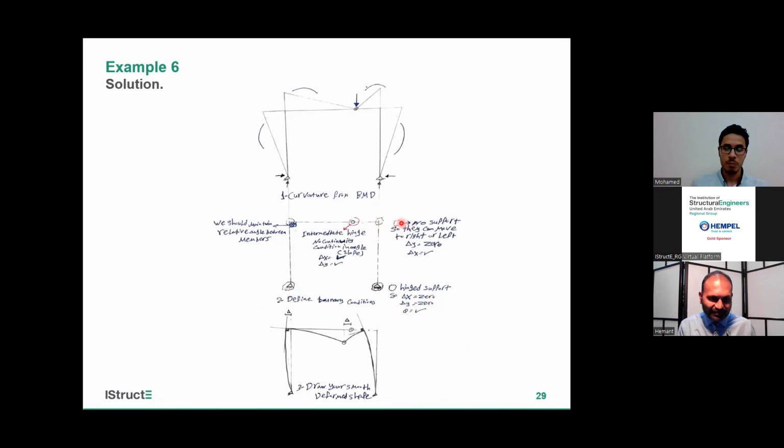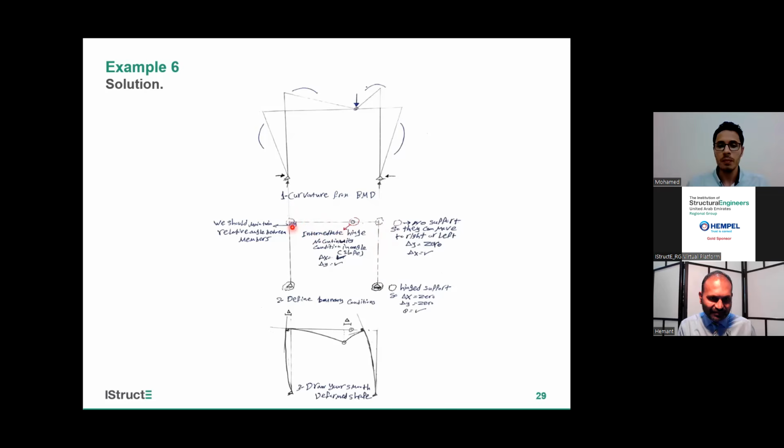But remember here, I don't have any support, so I'll have a deformation or movement in the X direction. But in the Y direction, I don't, because in frames, when we are drawing the deformed shape, we neglect axial deformation, which is in the Y direction.